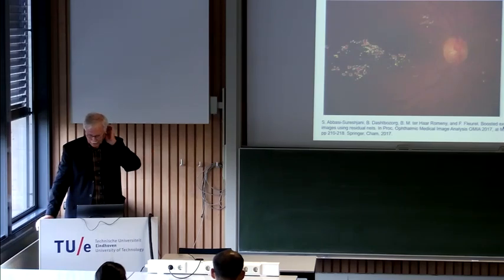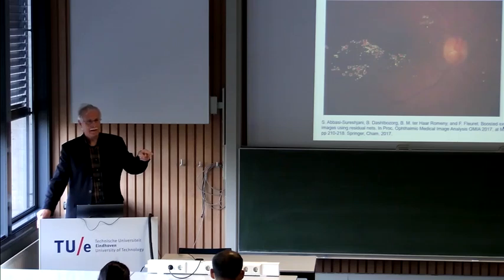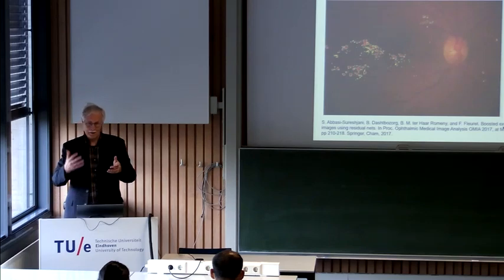So it is more or less the same. Well, in this case, we trained the system not with a system like that the doctor gave us this ground truth. We only had to say to the system, somewhere is something. So there's an exudate somewhere, but we don't have to locate where. That's much easier for the doctor. So the doctor could very easily take hundreds of these images and say, okay, this is a clean image, and this is an image, there is something.